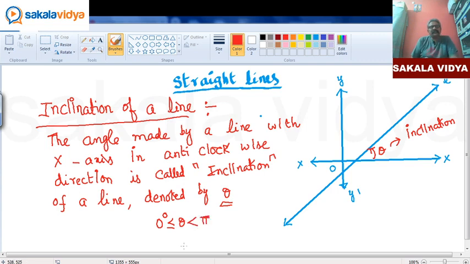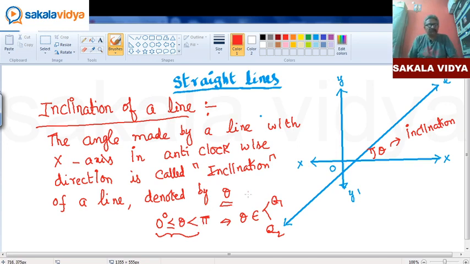This is the range of the inclination. You remember one thing, theta belongs to either first quadrant or second quadrant only. So always if theta is the inclination of a line, theta lies in the first quadrant or in the second quadrant only. So, this is the inclination of a line.